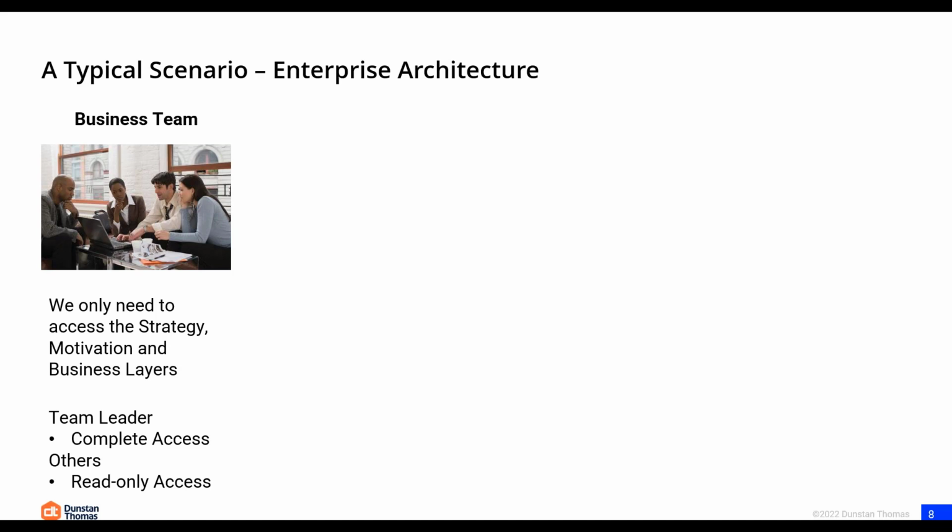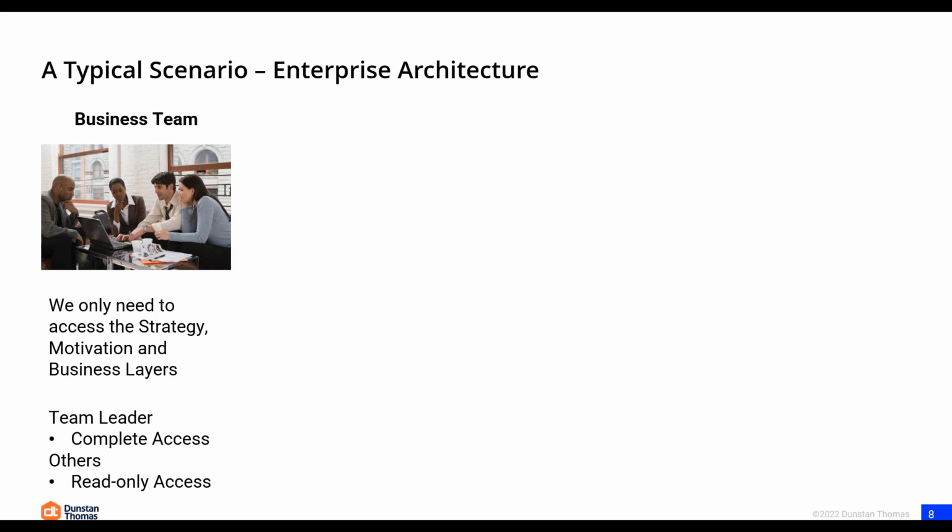You'll notice that I'm using a lot of Archimate terms here. Just for information, the models you'll see being shared in the asset system today are Archimate models, but any technology will work. Any model will work. It's not restricted to enterprise architecture. This is just to set a realistic demonstration. So you have a team leader and others.